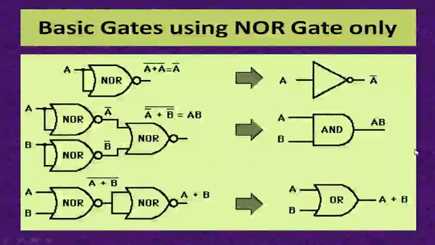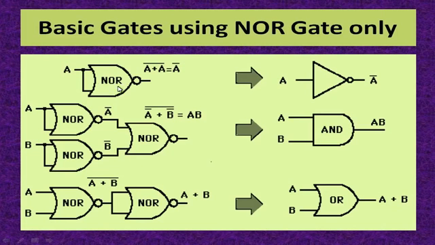Now students, once you know how to construct basic gates using NAND gate only, you can understand with the help of these three diagrams how to construct basic gates using NOR gate only. Let us see the first diagram. In this first diagram, both the inputs of the NOR gate are shorted. That is nothing but a single input, and it gives inverted output, and that property is nothing but NOT gate.